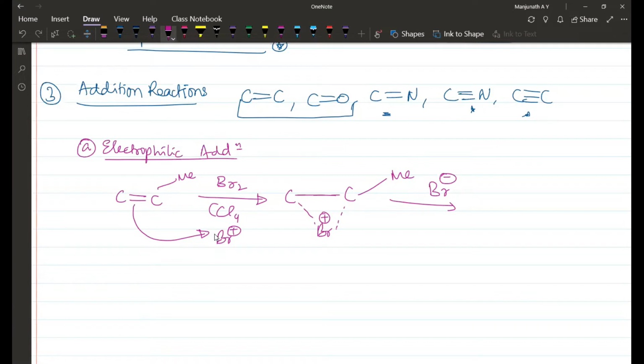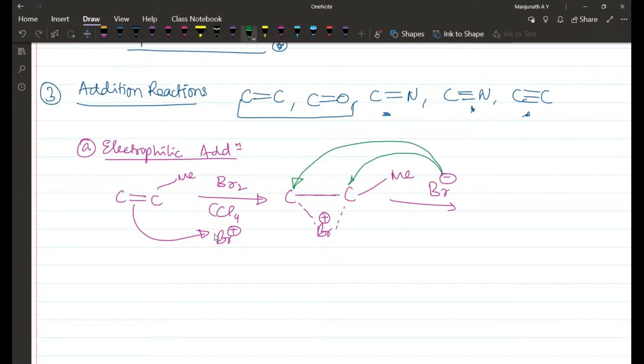Okay. So now addition of Br minus can take place in two ways. One, it can attack here, or it can attack here. Where does it attack? Really?